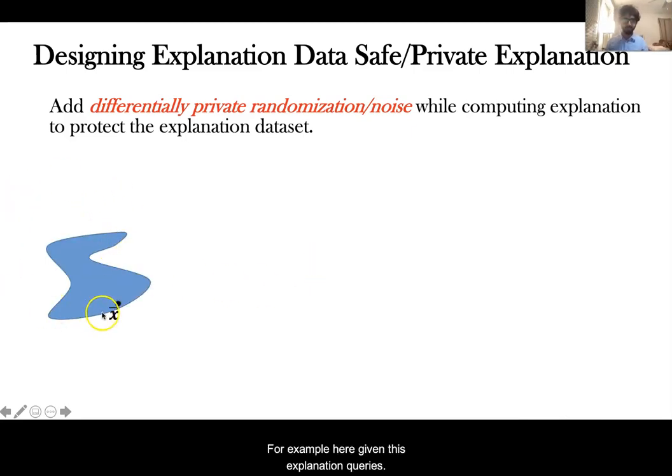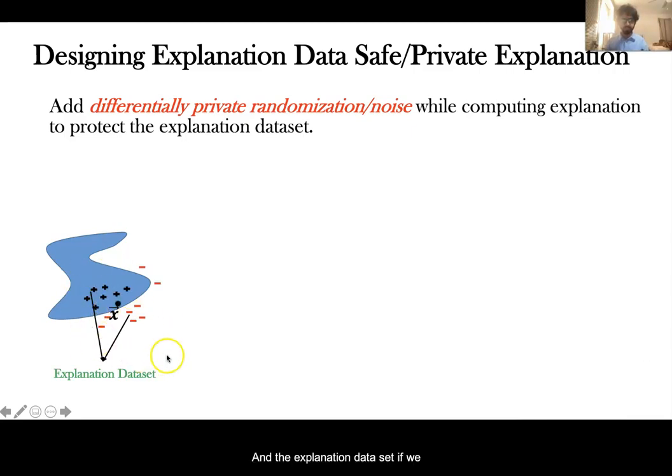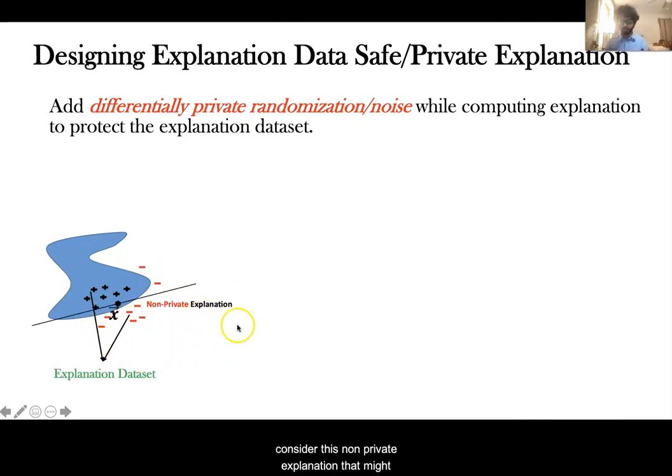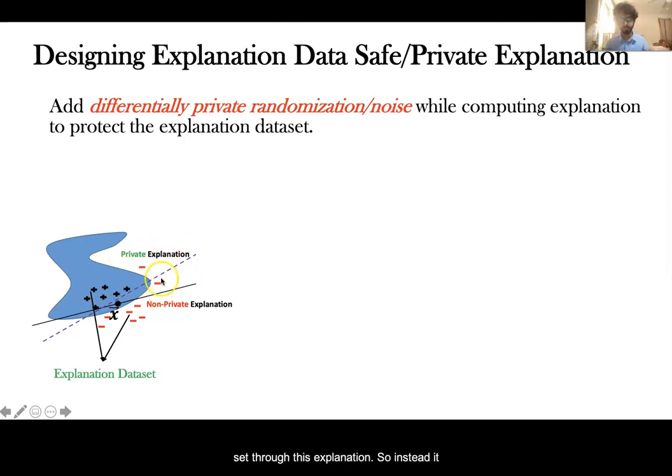For example, given this explanation query and the explanation dataset, if we consider this non-private explanation, it might contain some sensitive information about the explanation data points. However, if we add some crafted noise to this non-private explanation, it can help hide the information about the explanation dataset.